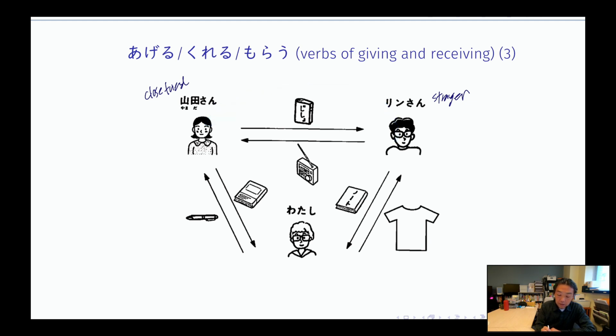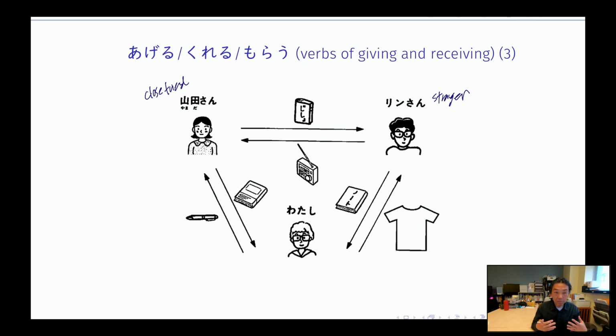Since Lin-san is a giver, this is the subject. リンさんは山田さんにラジオをくれる。Okay, so that's how it goes, right?